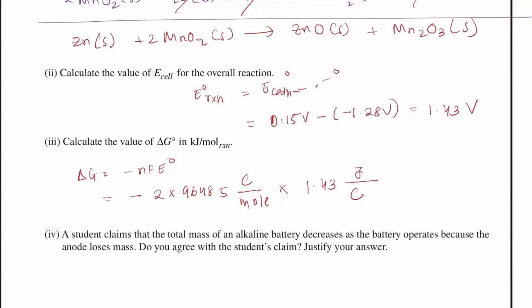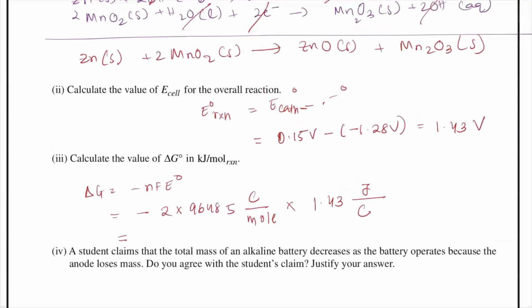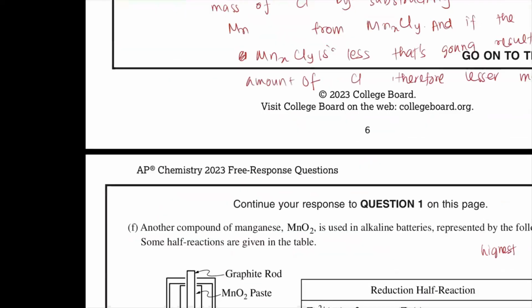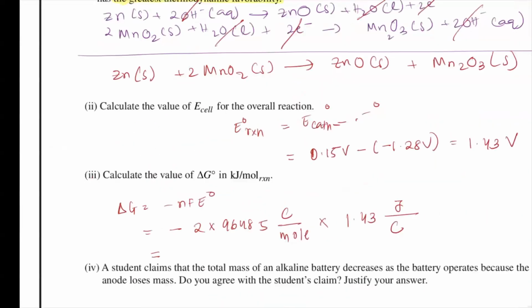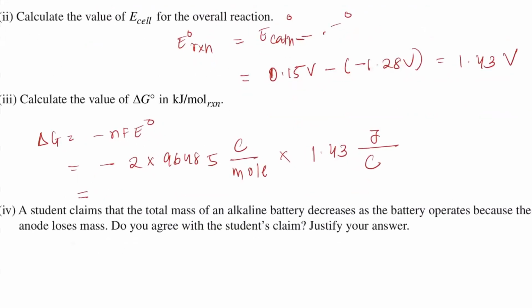So now we can calculate this and get our answer as negative 276,000 joules per mole. But the question wants kilojoules per mole, so we just need to convert joules into kilojoules, and it's going to become negative 276 kilojoules per mole.